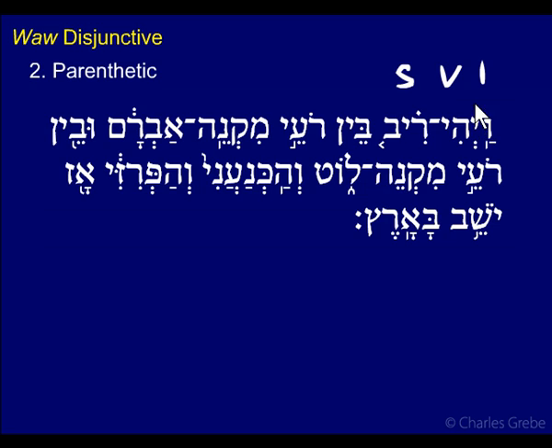Nothing in between the Vav and the verb. You get down here, and we have Vav followed by something other than a verb. So we have here a noun, and another one, actually. And then we have an adverb, as, before we get to our verb. So our verb's way down here. So this is a disjunctive clause, and this is providing circumstantial or parenthetic information.